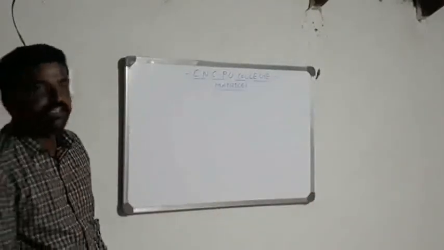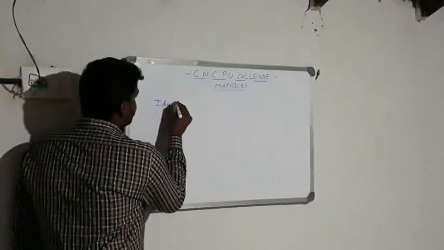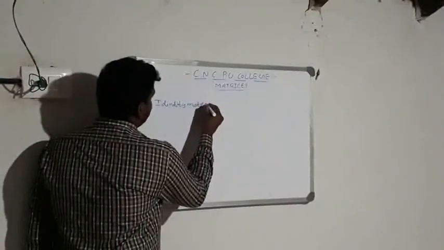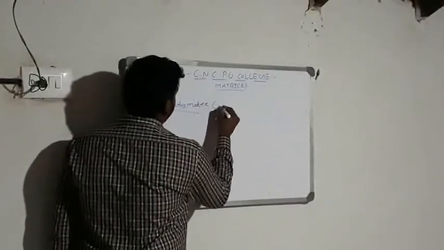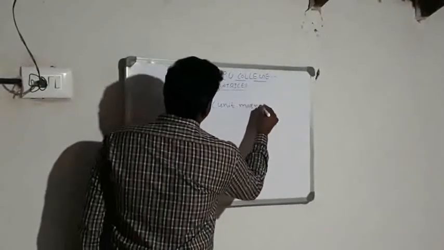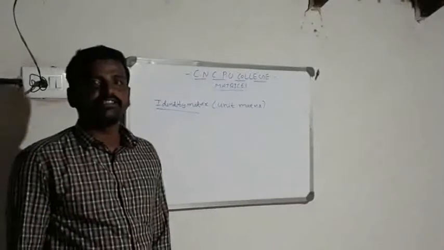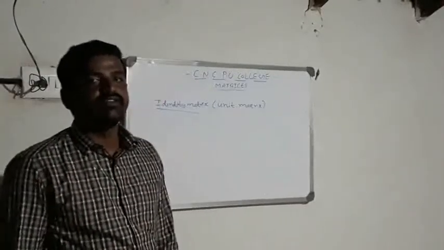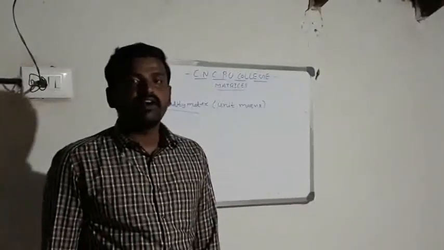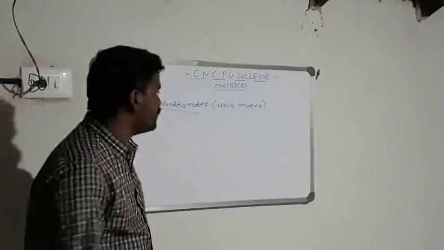Next type of matrix, identity matrix, or unit matrix. A square matrix is said to be an identity matrix if all diagonal elements are equal to 1 and non-diagonal elements are equal to 0.